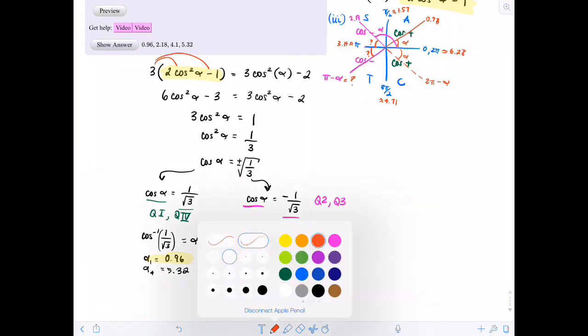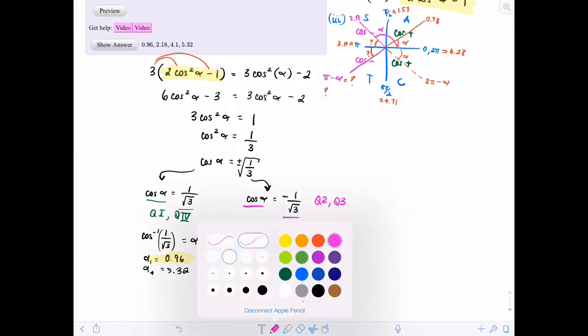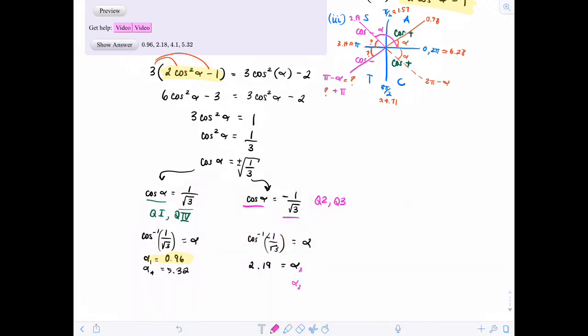And then really what we're doing is taking the question mark and adding pi. But really what this ends up being is 2 pi minus alpha, and that's what we'll end up doing. So 2 pi minus alpha sub 2 is alpha sub 3.